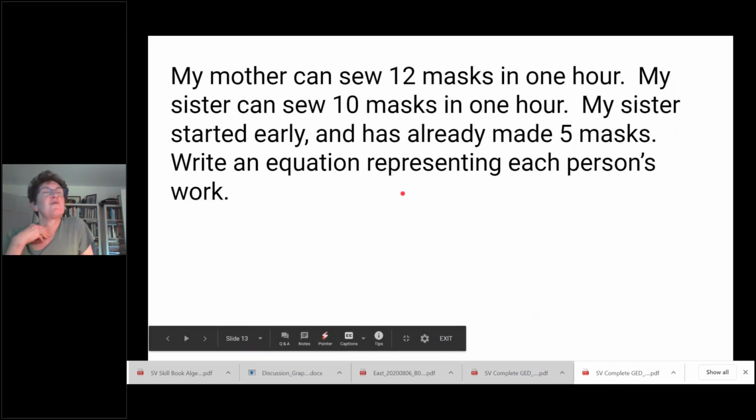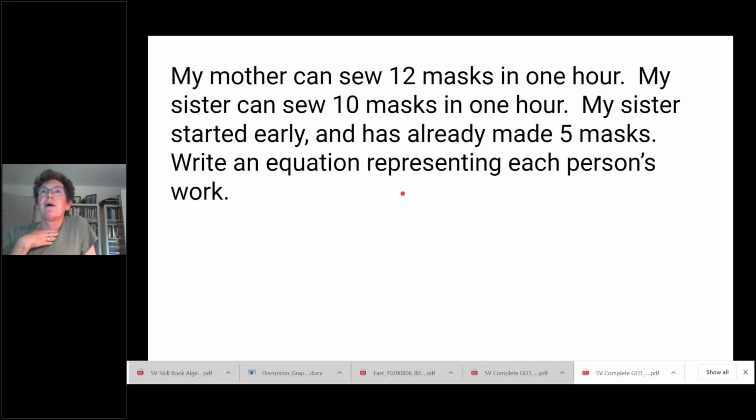I have one more example for you. My mother has been sewing masks, face masks, to give to people in nursing homes and hospitals, patients, anywhere, volunteer organizations that require people to come in and wear masks.